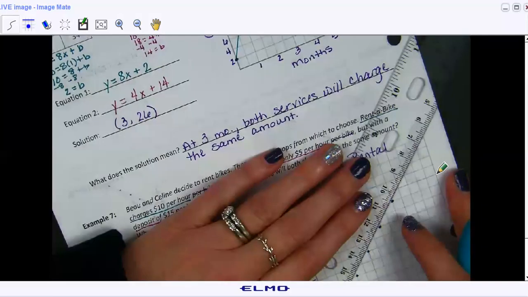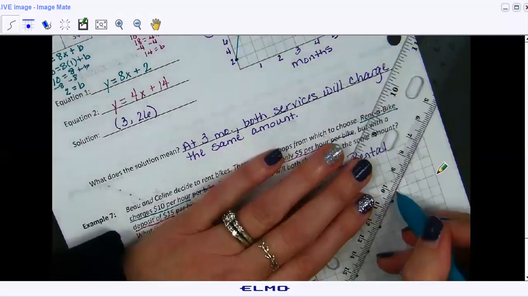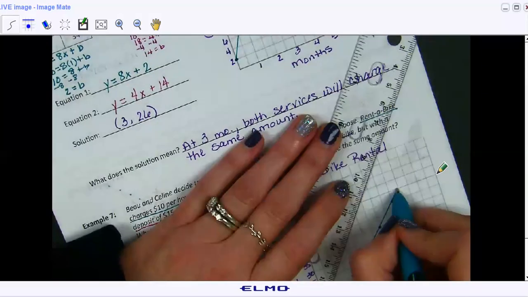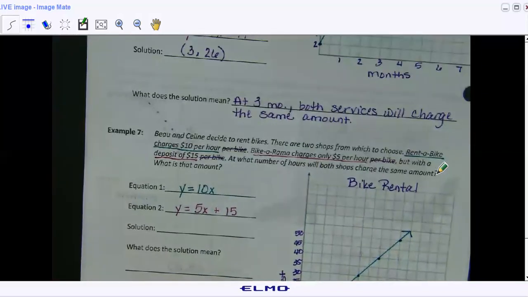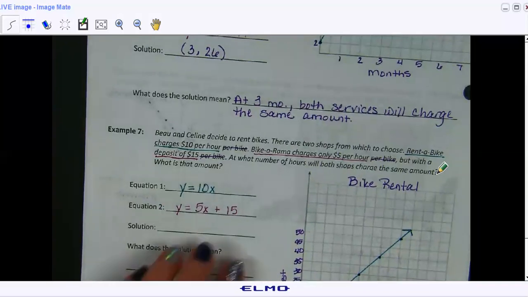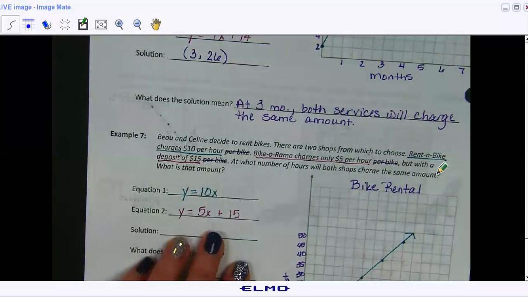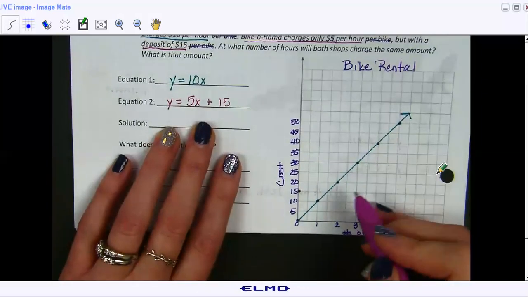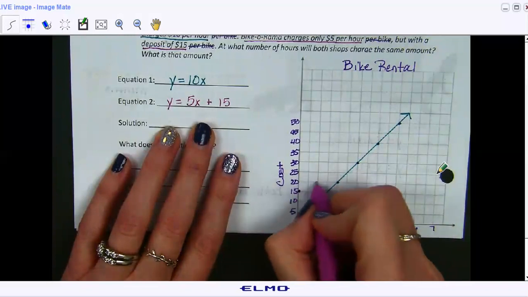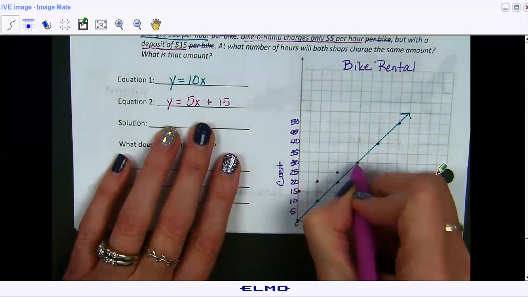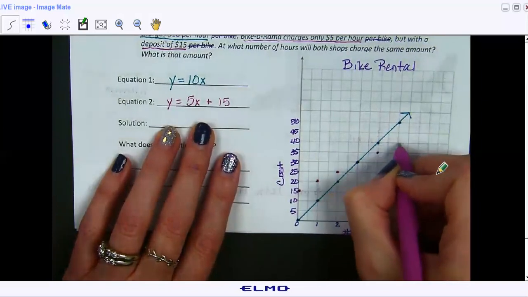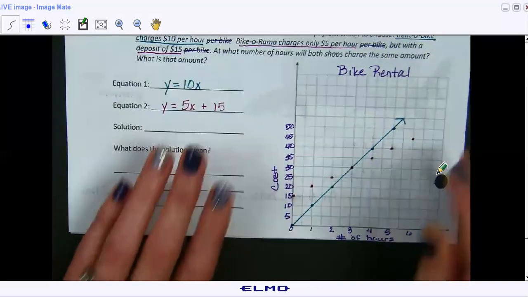Wow, Rent a Bike is just a ripoff. Then for Bike-O-Rama, that equation, we start at 15 and then we go up by 5s. Oh, there's our intersection. And then we can draw.